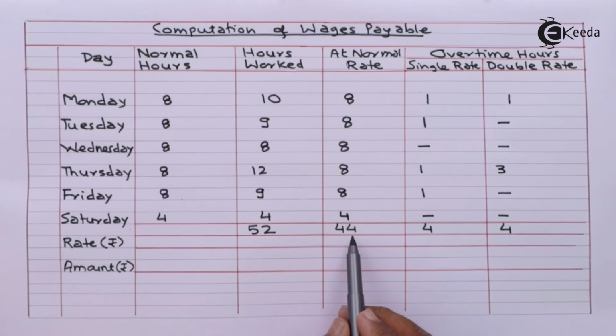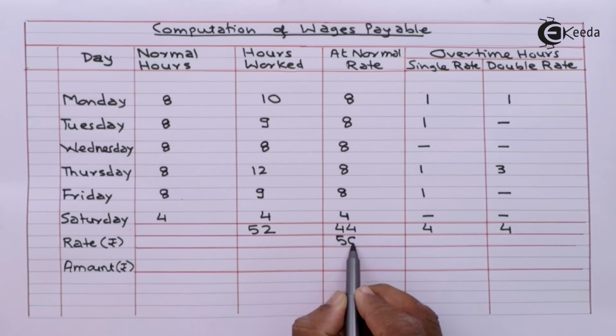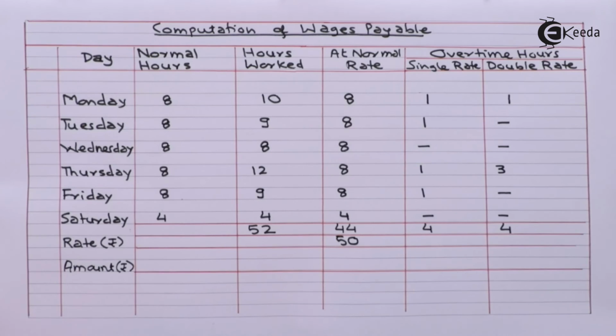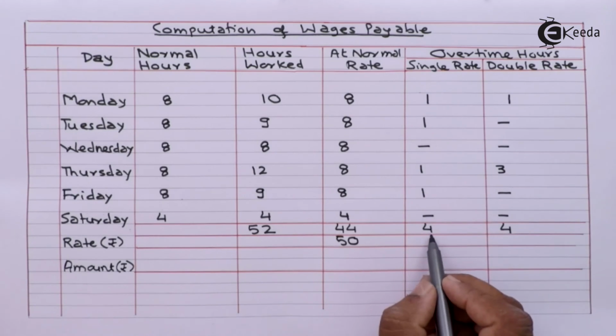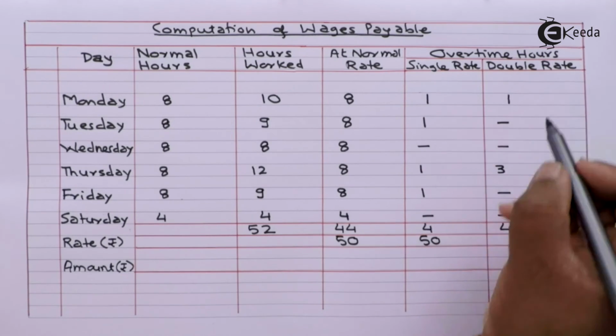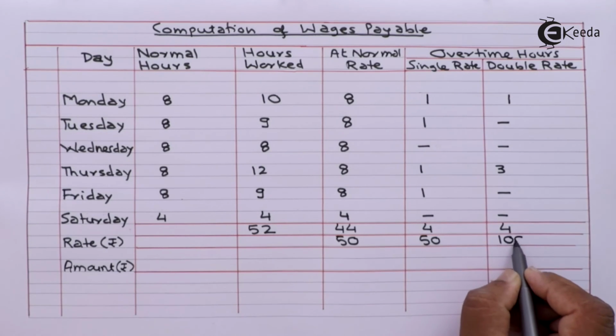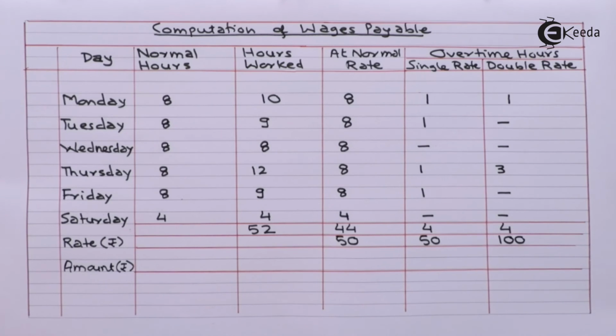44 hours at normal rate, rupees 50 per hour. Single rate 4 hours, rupees 50 per hour. Double rate 4 hours, at double rate 100 rupees. So we got now hours, we got rate. We'll do multiplication to get the amount of wages payable.